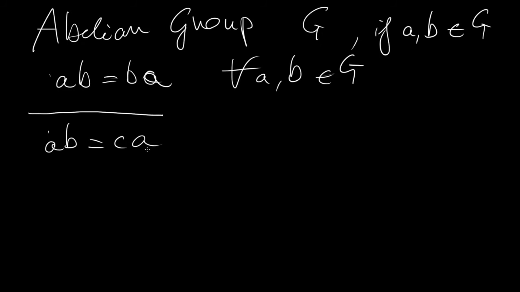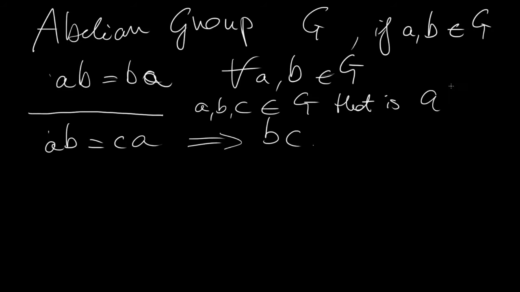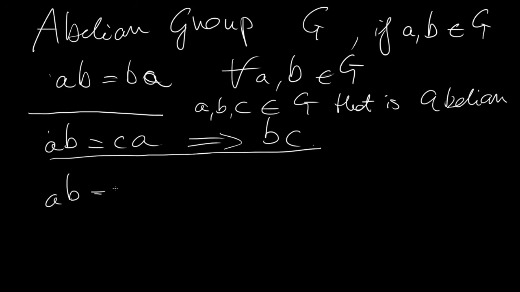I did not allow you to imply that B equals C. But if now I say that A, B, and C are elements of G, and G is abelian, then yes, this statement is true, because AB equals CA implies that AB equal AC, because all the elements of an abelian group can be commuted.